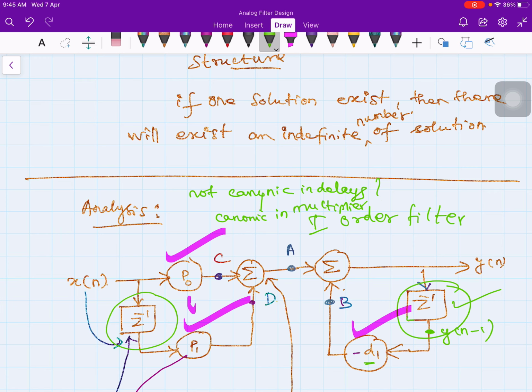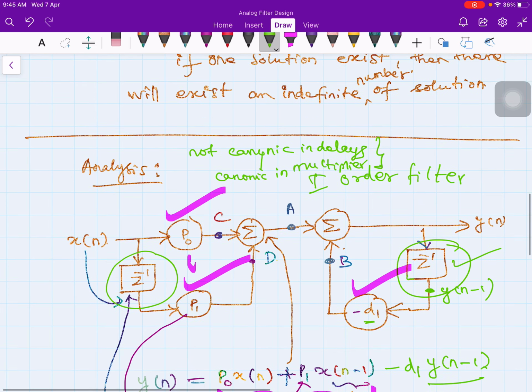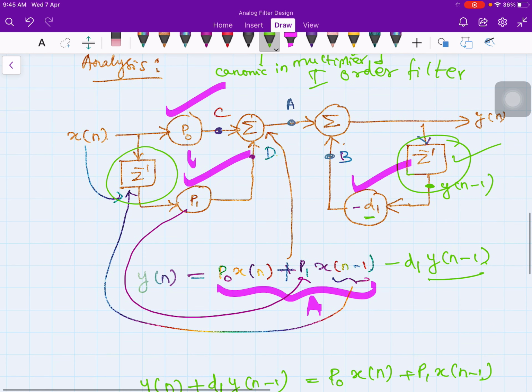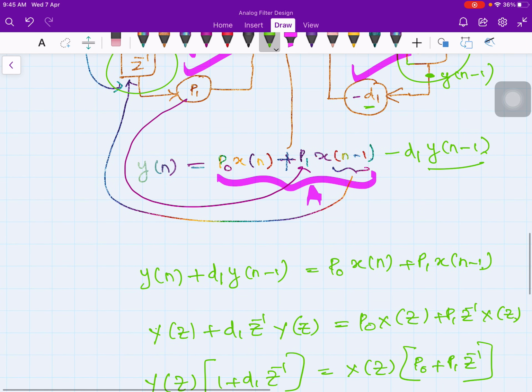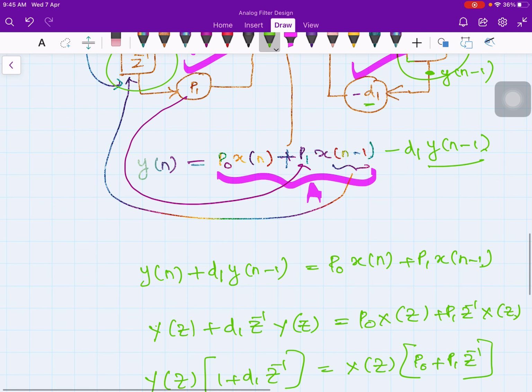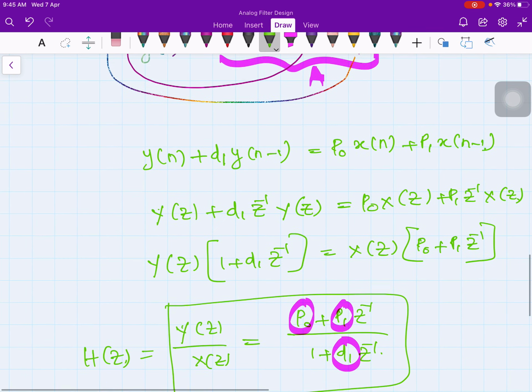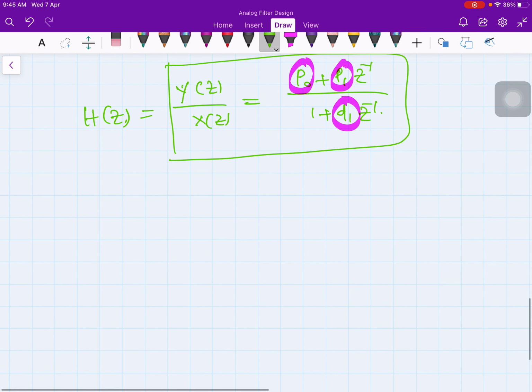So I should note down this point. Okay, so the structure that we analyze is not canonic in delays, but canonic in multipliers. And later on we will show how to obtain a canonic structure, canonic in both the multipliers as well as the delays. But before that, let us take another example.